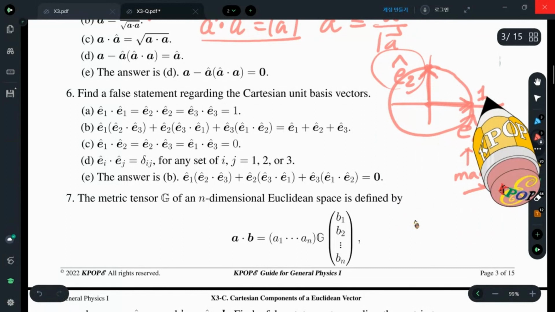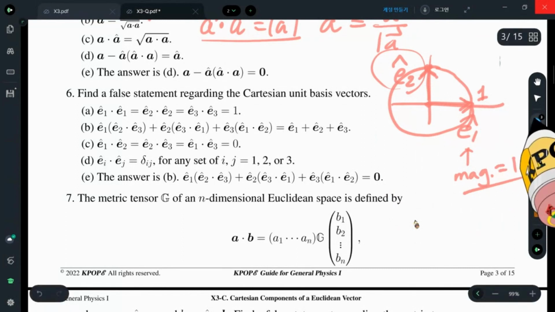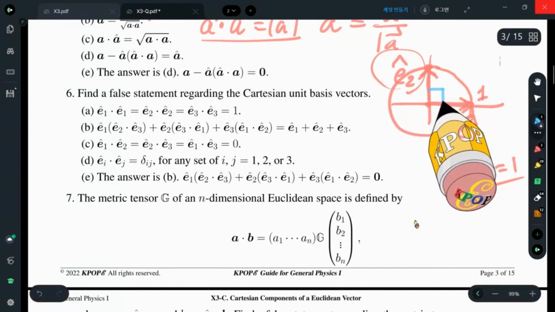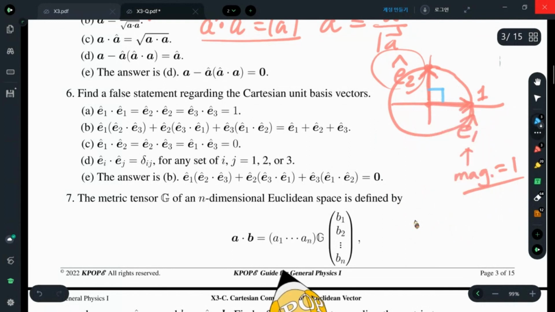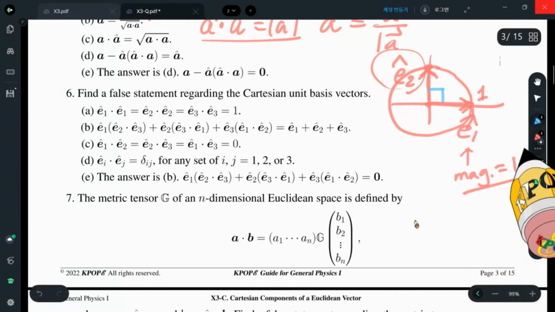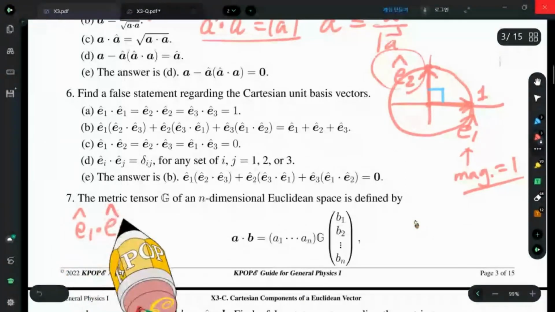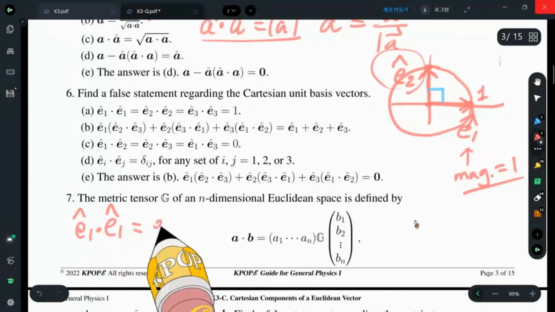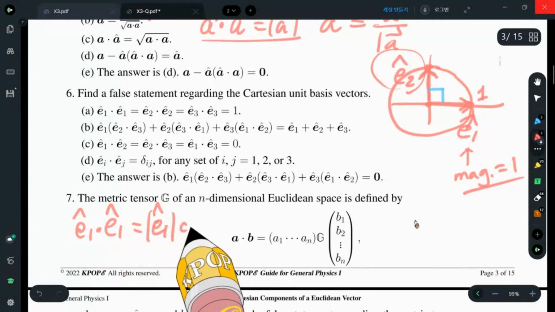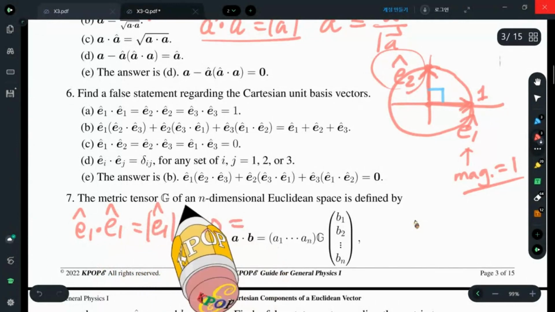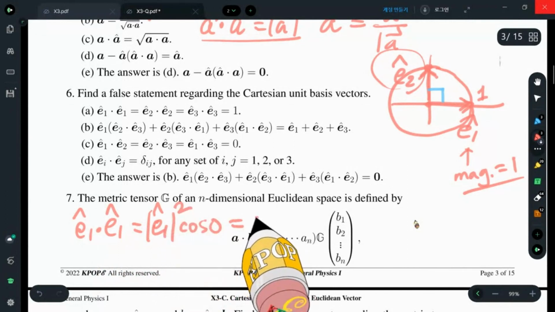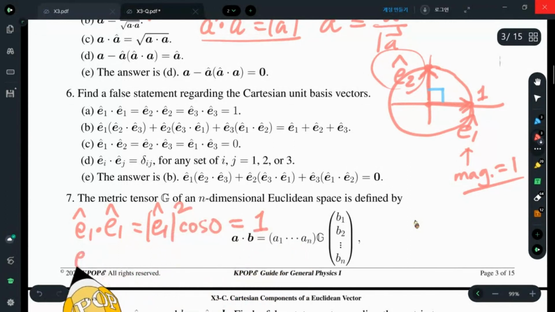Magnitude is 1. Now we find that E1 and E2 are perpendicular. So it is very simple: E1 hat dot E1 hat equals E1 magnitude cosine 0. This is 1. E2 hat dot E2 hat is also 1.